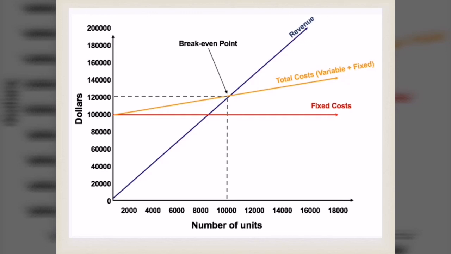Note that the blue revenue line is greater than the yellow total cost line after 10,000 units are produced. Likewise, if the number of units is below 10,000, the company would be incurring a loss. From 0 to 9,999 units, the total cost line is above the revenue line.